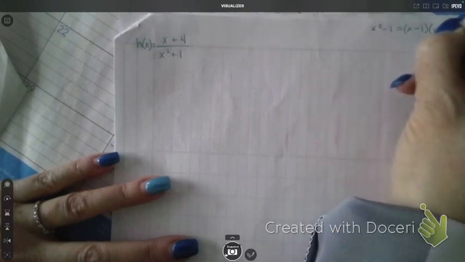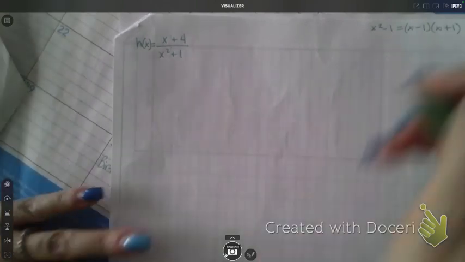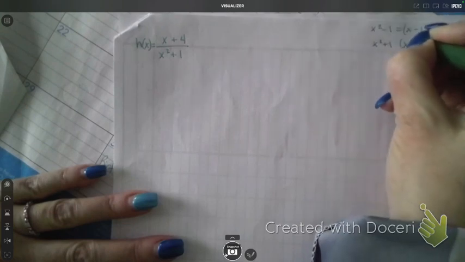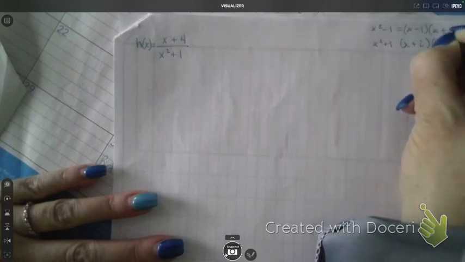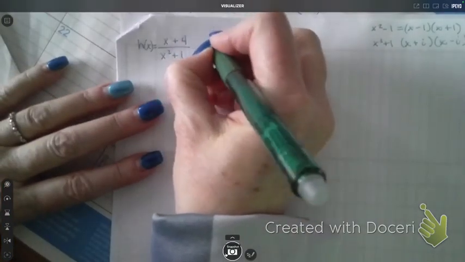But this one isn't minus, it is what? Plus. Why does it matter? Because if it was plus, it would have to have an imaginary. x squared plus 1 would be x plus i and x minus i, which is imaginary, and we don't graph imaginary things. Okay? So, can I factor anything? Okay, so simplifying is done.